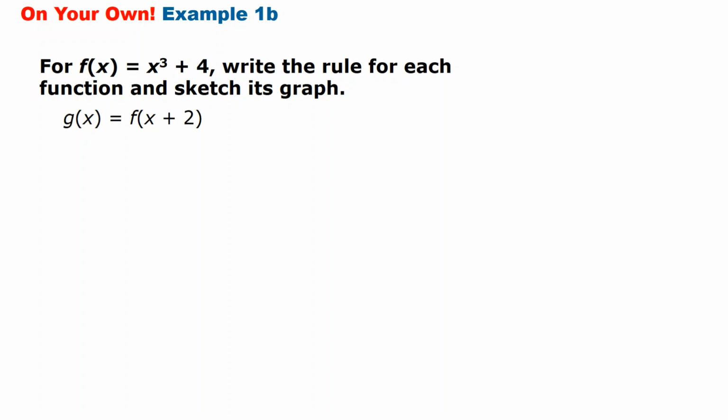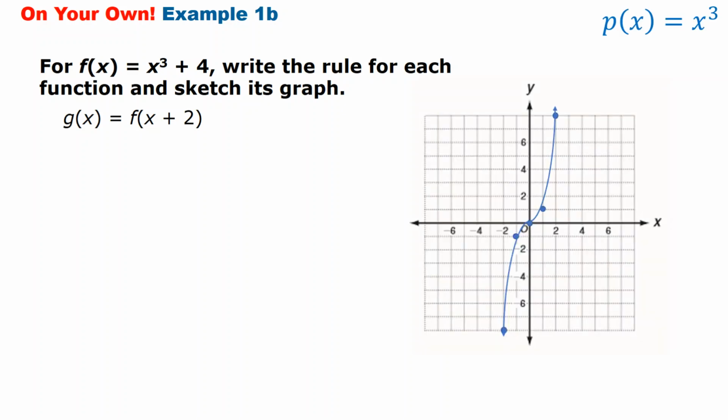All right, so again, same rules. We need to graph our f of x equals x cubed plus 4. In order to do that, we're just going to come up with our parent function again. And again, this is going to be a vertical translation 4 units up. So we'll take our parent function and move it up 4 units.